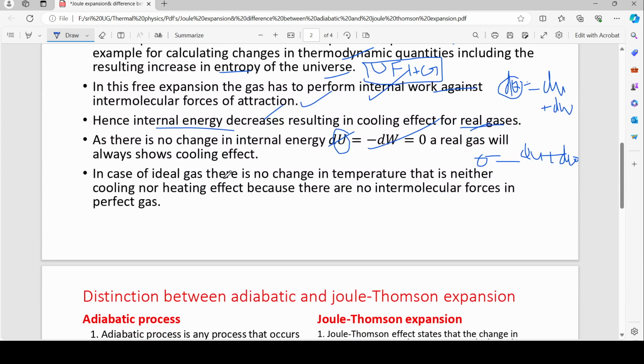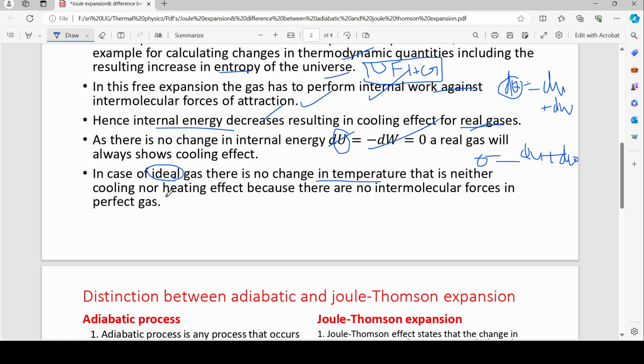In case of an ideal gas, which means a perfect gas, there is no change in temperature. For an ideal gas there is no change in temperature, but for a real gas, a change in temperature will occur.